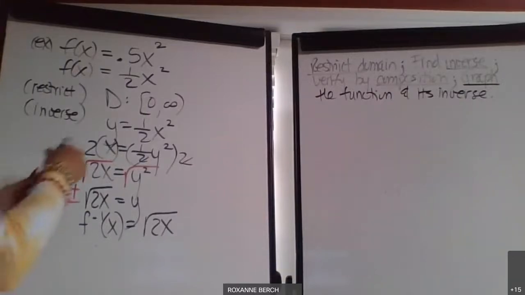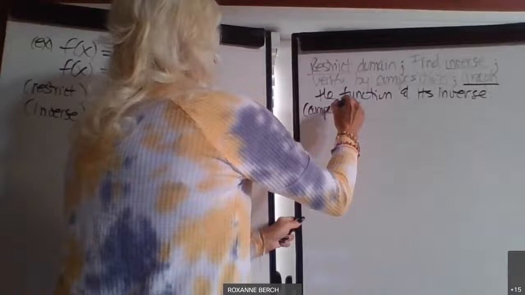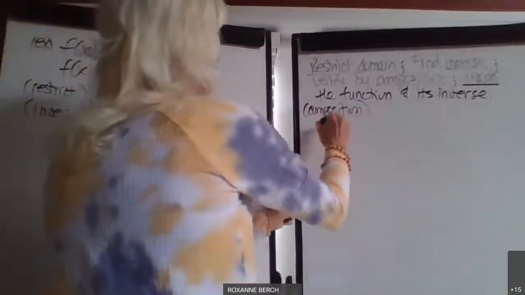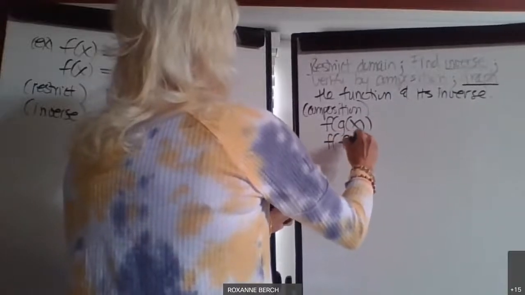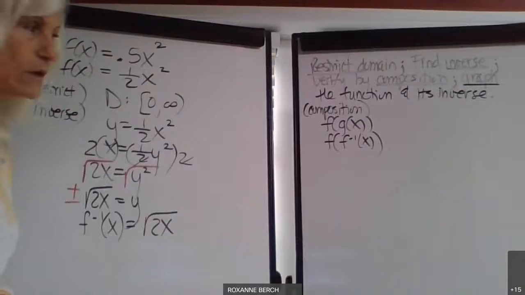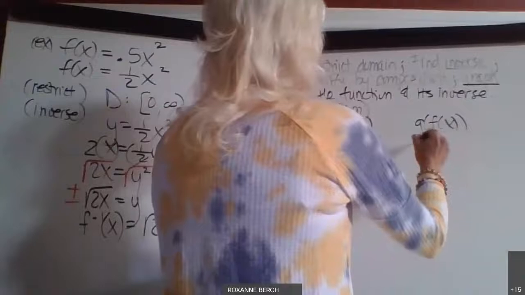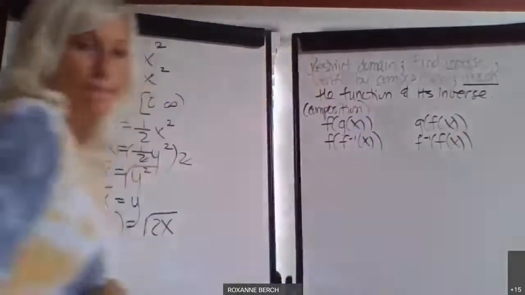Okay, so now we're going to verify by composition. And if you recall, I taught f of g of x, meaning f of f inverse of x, so you could see it either way. And the other one would be g of f of x, or seeing it another way would be f inverse of f of x.